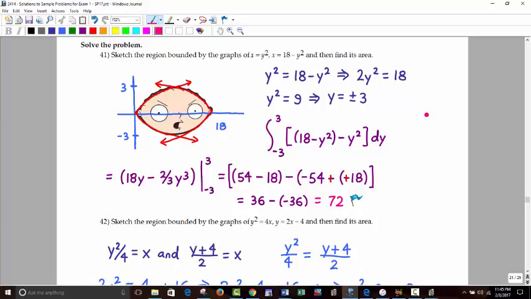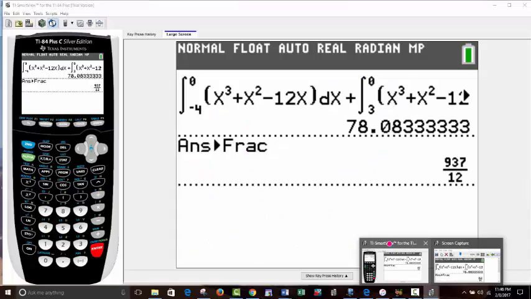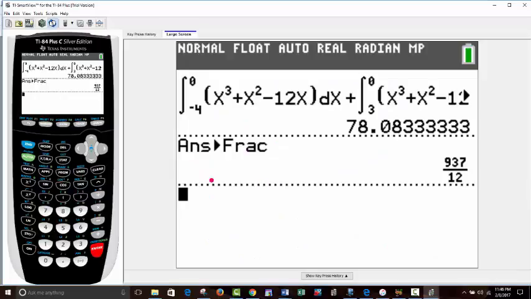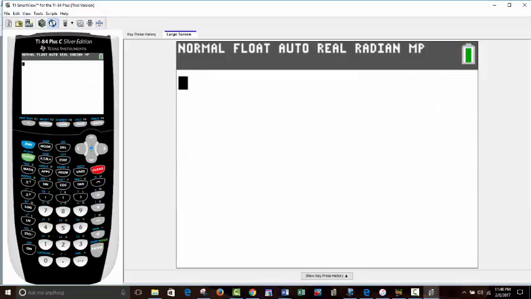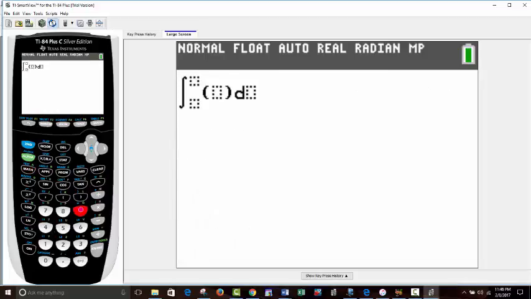And you can do it manually. If you put this on the TI, you can use variable x, even though we're technically doing this in y. In other words, the calculator is just going to numerically perform the integration. It doesn't care whether you're using y or x. We're not changing it from y to x in a mathematical context, but you can just put anything here.